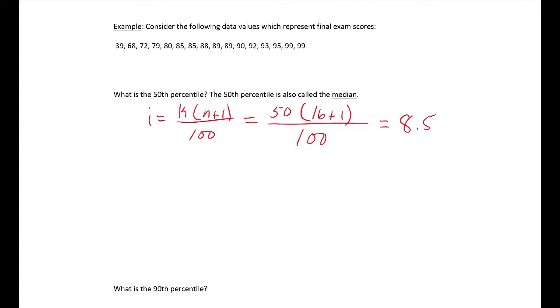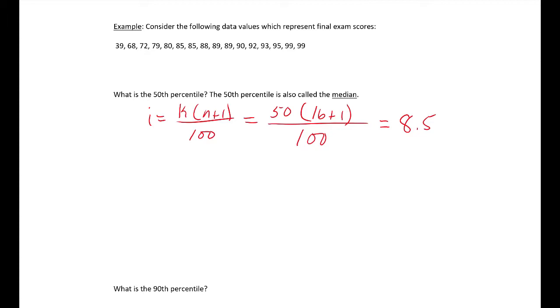Remember, I represents an index, a location. You can't be in 0.5 of a location. So what this indicates is that the 50th percentile is going to be the average of the 8th and the 9th position of our data set.